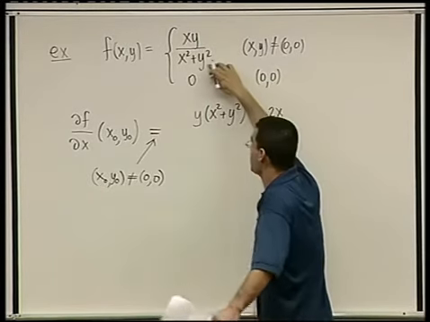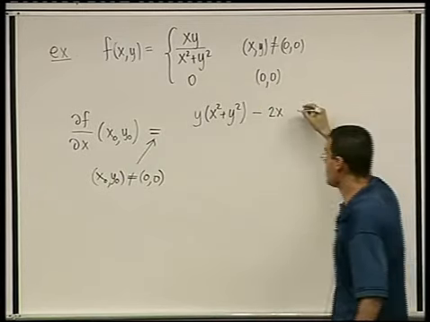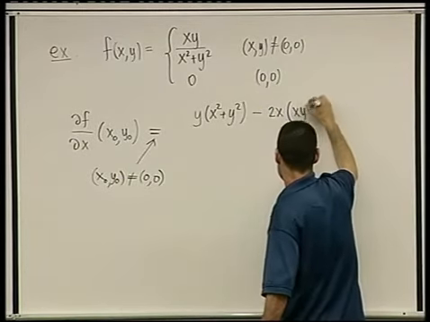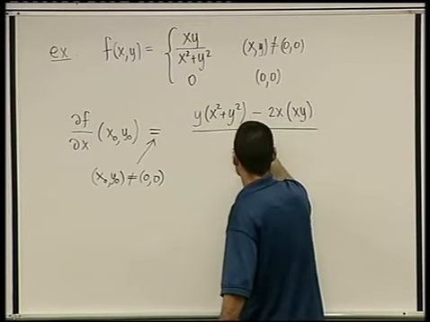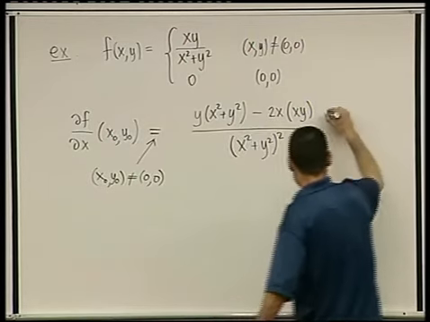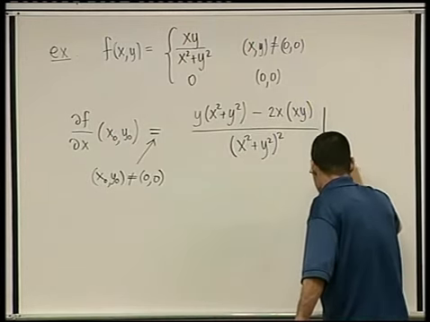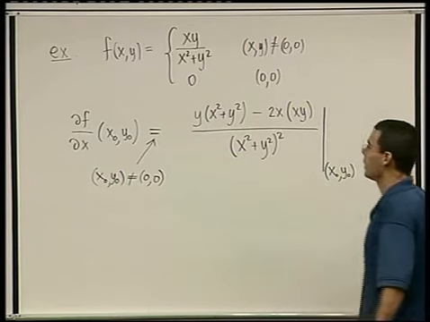Y is a constant now. Y is fixed. Its derivative is 0. Times the top, untouched, divided by the bottom squared. And all of this I have to evaluate at the point x0, y0.